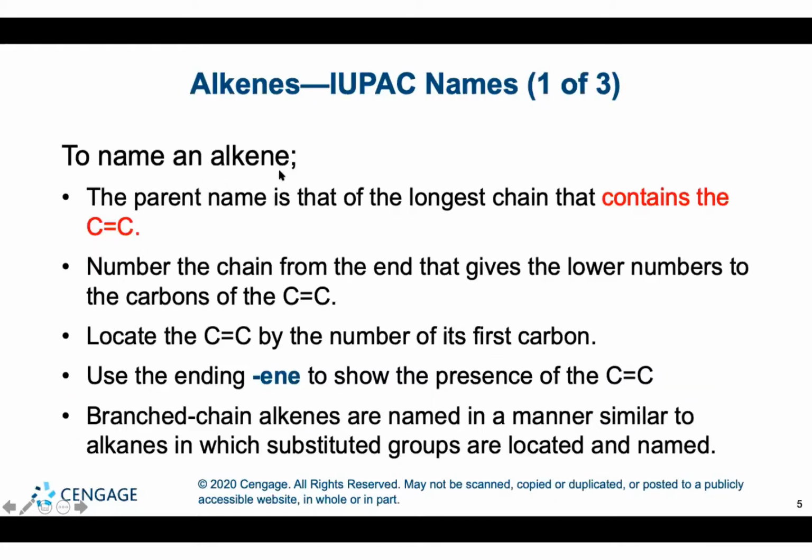We already talked about alkanes, where we should always find the longest chain. The same goes for alkenes and also alkynes. We should always first find the longest chain, but we should always include the double bond in the longest chain.